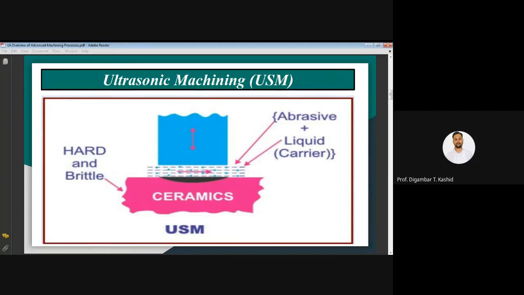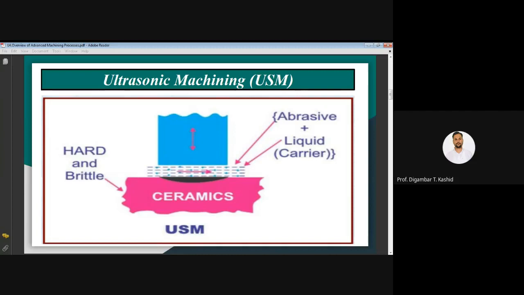Once again I am repeating, here we are taking only an overview. In detail we have the syllabus of the next four chapters. The same processes I have explained today, ultrasonic machining, water jet machining, and abrasive jet machining, all these four processes we are going to learn in detail in chapter number 2. Chapter 2 is related only to these four processes.